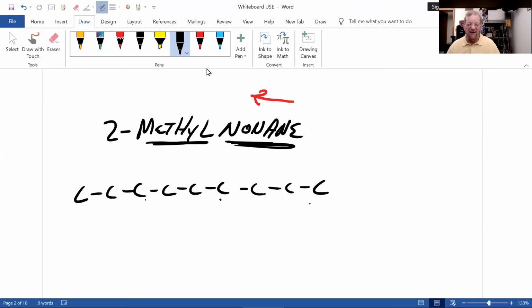Next thing, I have methyl, and you know methyl group is CH3 attached to it. It's on carbon 2. I can go 1, 2, or I could do 1, 2. Most of you are going to start on this side, and usually, except for what I did earlier, I'm only going to draw one way of doing it. And so carbon is here. And remember, there are 4 bonds to carbon.